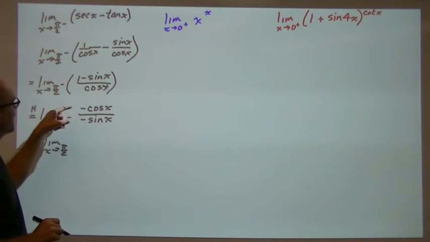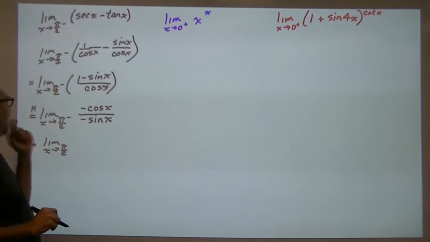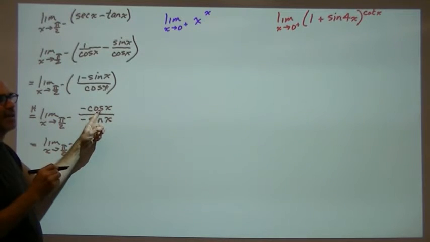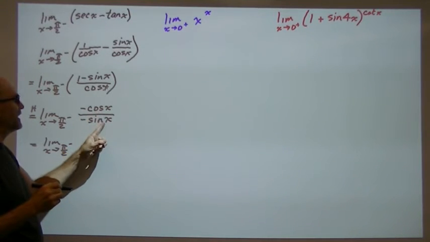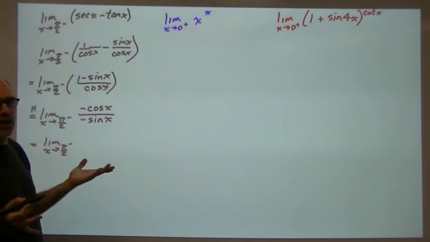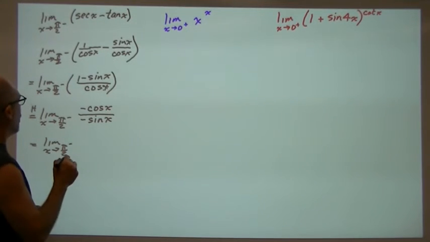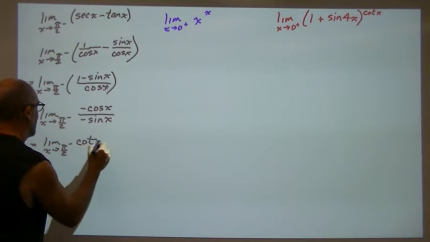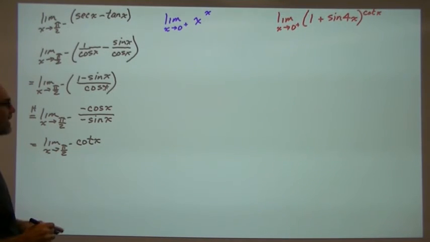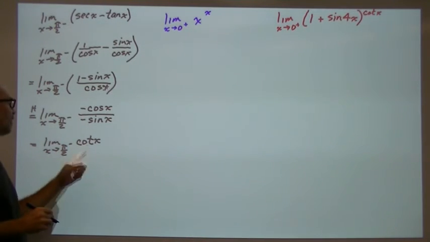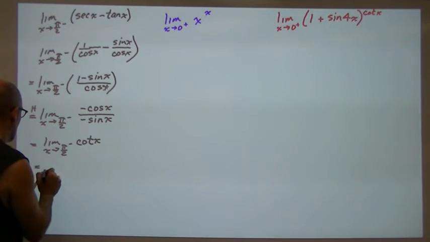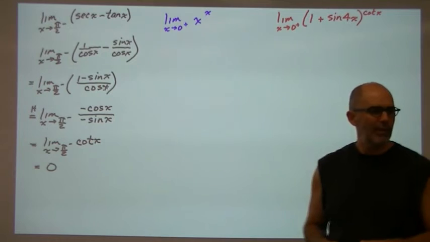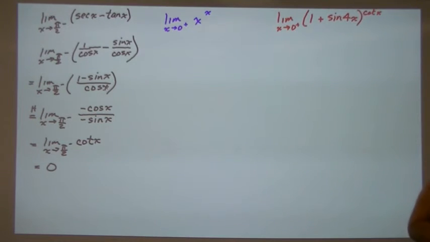Well, negative over negative is positive, and if I just evaluate, cosine at pi over 2 is 0, sine at pi over 2 is 1, 0 over 1 is 0. Or the other way I could do it is say the limit as x approaches pi over 2 from the left of cotangent x, which we know equals 0. So that's it, piece of cake.